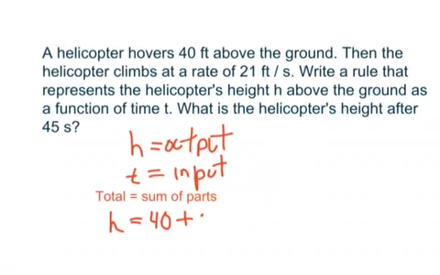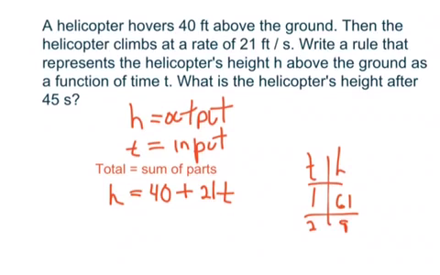So 21 times the number of t seconds. So for instance, after 1 second, you would plug 1 in, and it would be 21 feet higher, so it would be a total of 61 feet. After 2 seconds, it would be another 21 feet, so it would be at 82 feet.